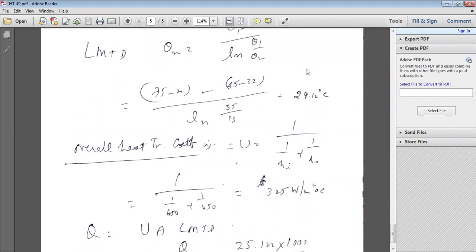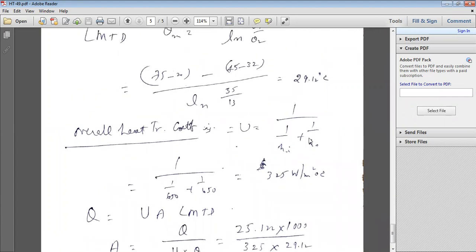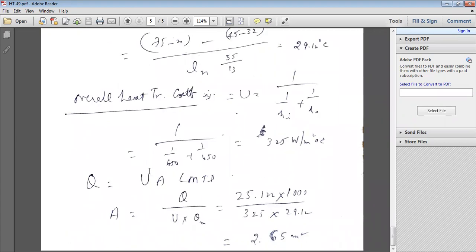After getting the log mean temperature difference and the overall heat transfer coefficient of 325, we can easily calculate the area of the heat exchanger.